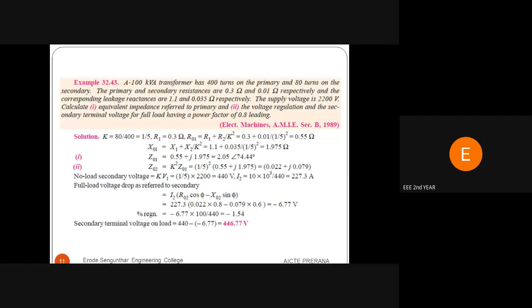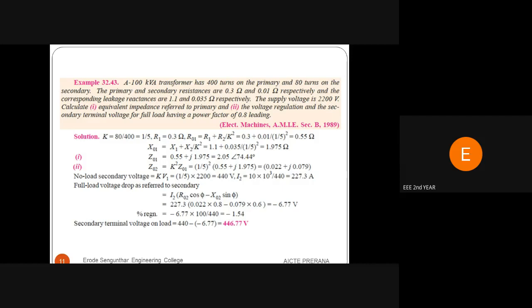So the data are already available. What data are available in these columns? 100 kVA, that is the rating of the transformer. Number of turns in primary N1 equal to 400. Number of turns in secondary N2 equal to 80. Primary winding resistance R1 equal to 0.3 ohm.